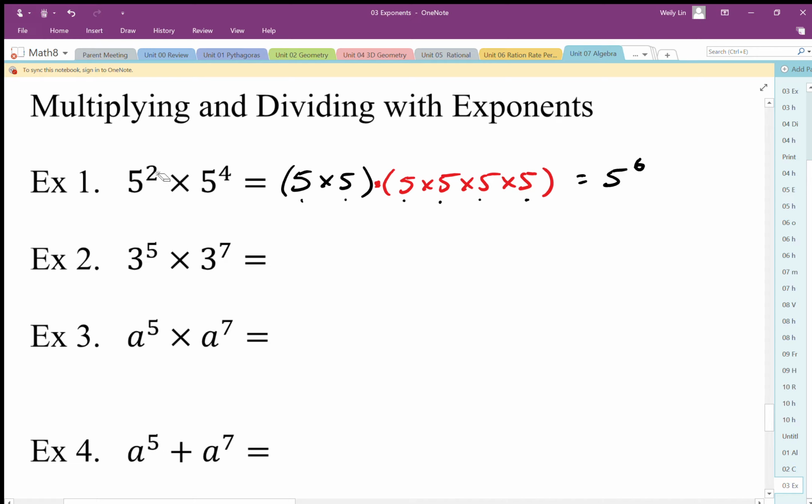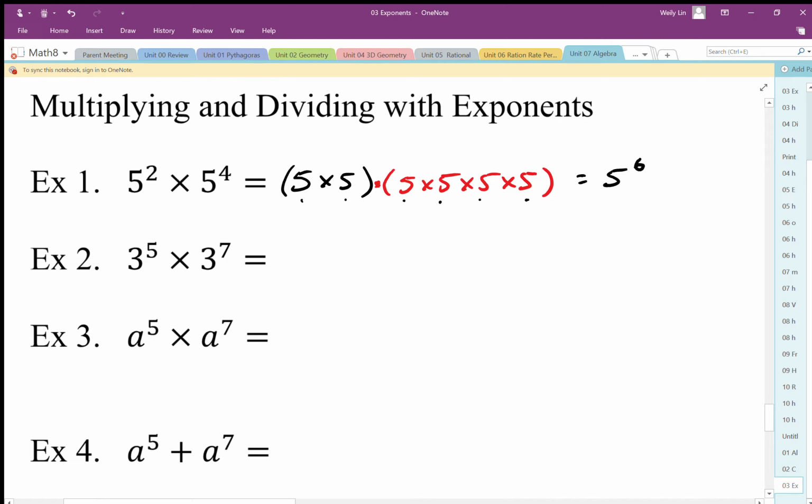But since we can connect powers with times, really we can just say that our multiplier is the same in both cases. This is counting the multiplication of the same thing, so we can count them together to get 4 plus 2 is 6.